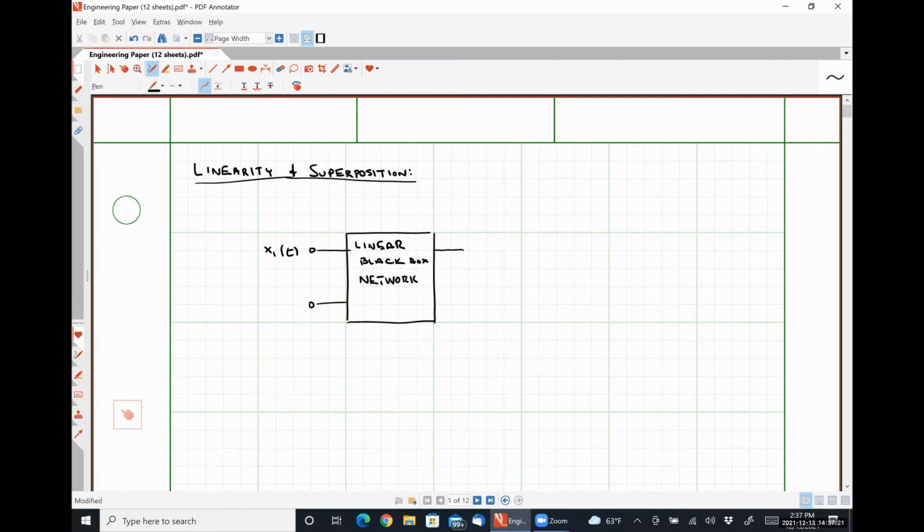And that input x1 of t will generate an output y1 of t. We could apply a different input x2 of t and get a different output y2 of t.